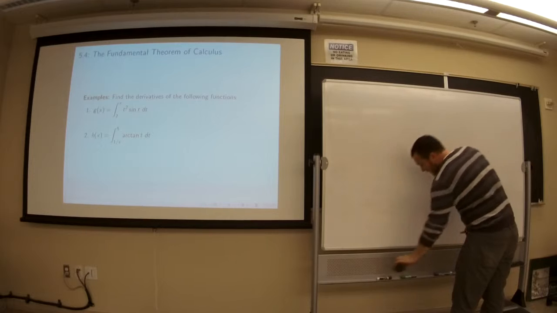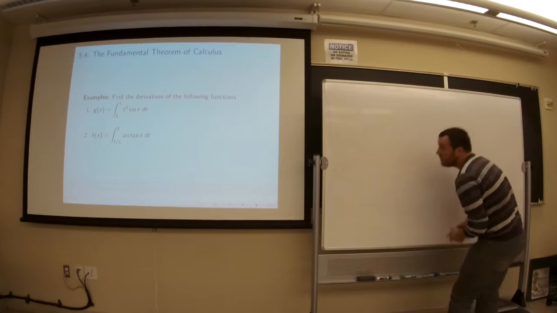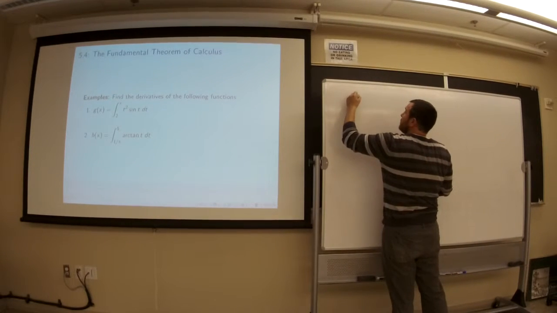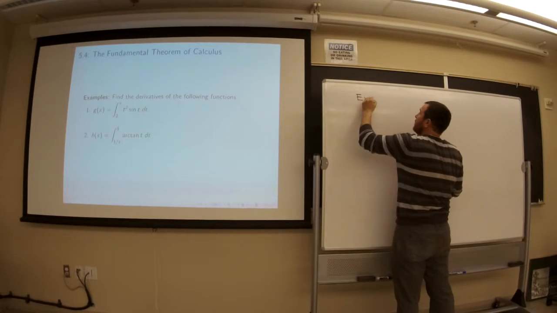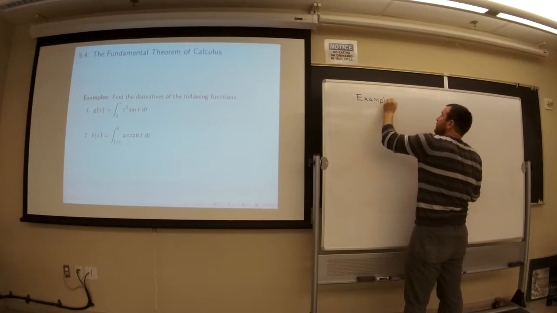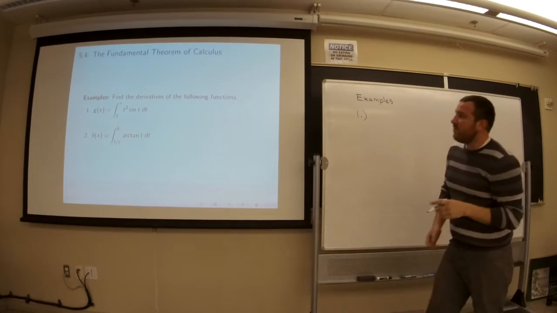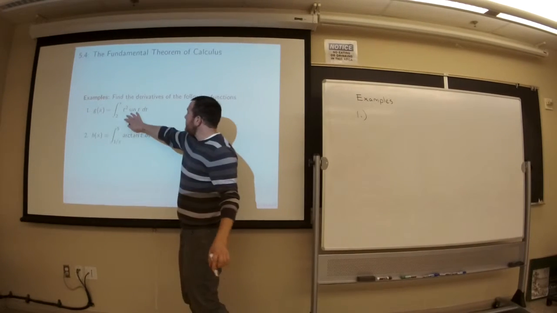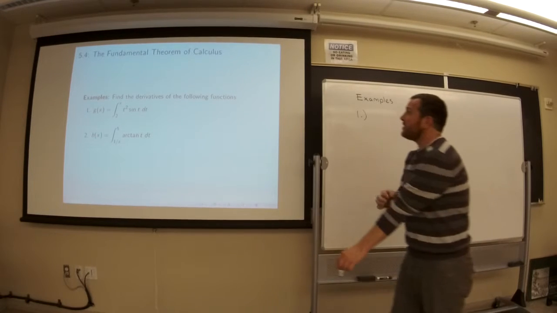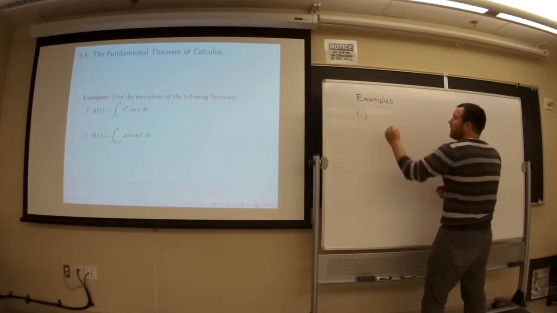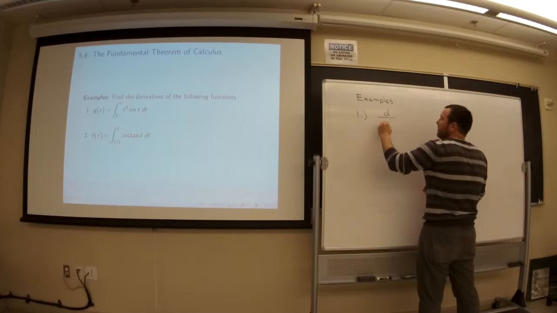So let's go through these examples. So for the first one, we're looking for the derivative of this g of x function, which is pretty clearly an area function like we've had before. So I'm going to write it out in a little bit more detail than you'll probably need to.